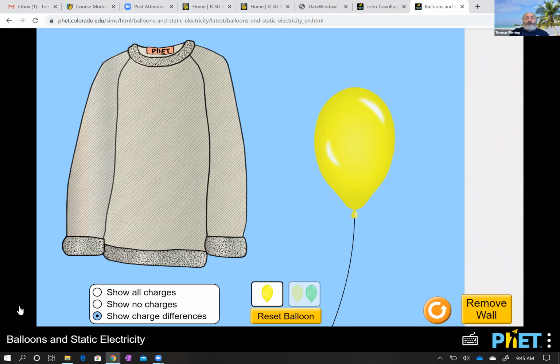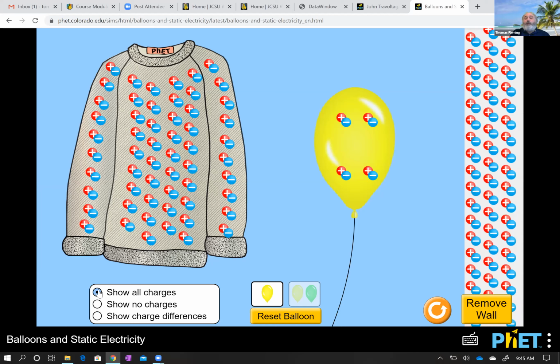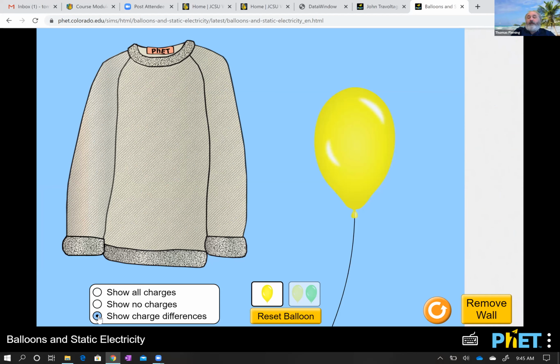So, this sweater has a charge of 0, because if I were to zoom in and actually look at individual atoms, what I would see is that for every positively charged nucleus of an atom in this sweater, there is a similar amount of negative charge orbiting around, and as a consequence, the total charge of the sweater is 0.